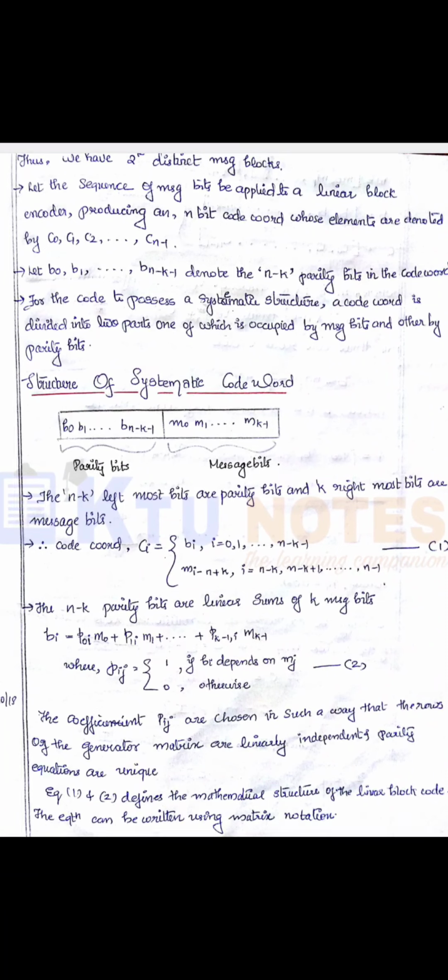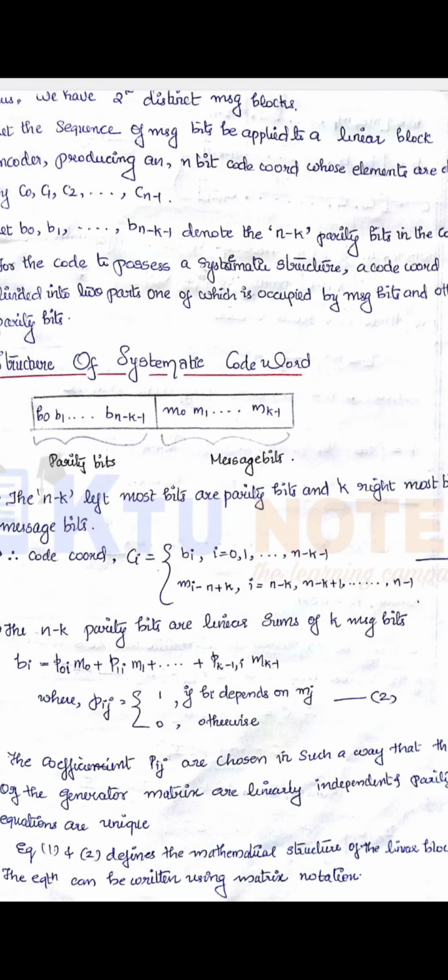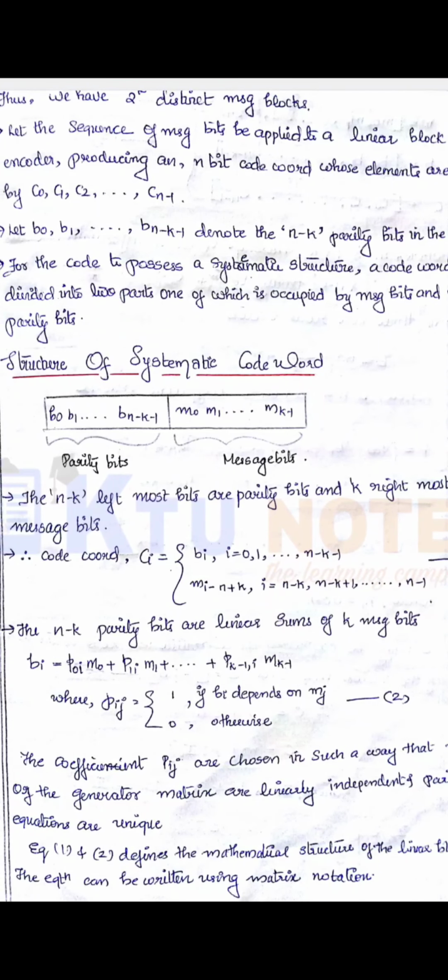The n minus k parity bits are linear sums of the k message bits. So we have already said the n minus k parity bits are obtained from the message bits. So the parity bit Bi is a linear combination of message bits.